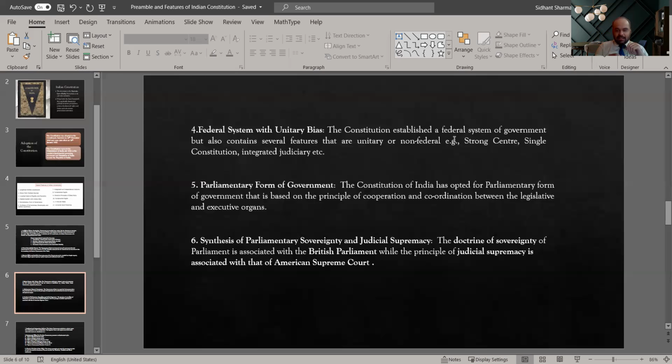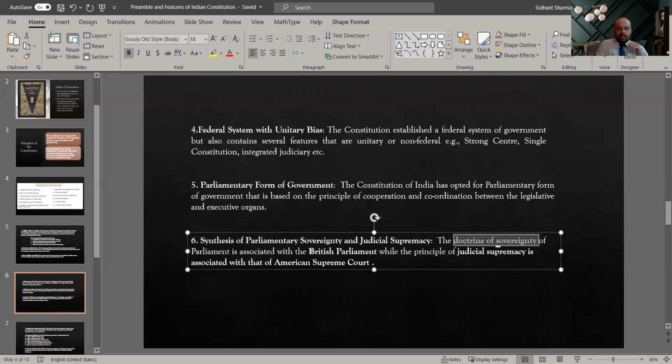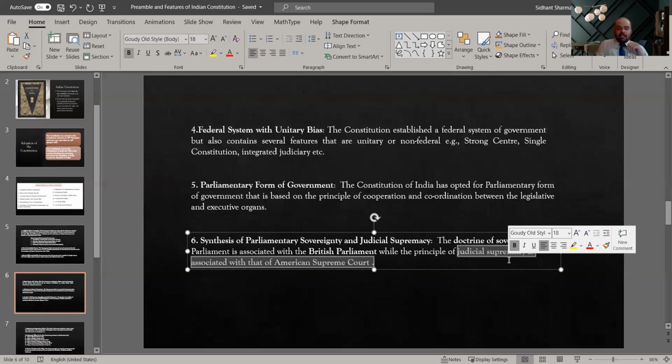It has to be studied in detail, but we don't have to go into that much detail. We just need to understand what the doctrine of sovereignty is, which is associated with the British Parliament, and what judicial supremacy is, which is associated with the American Supreme Court.